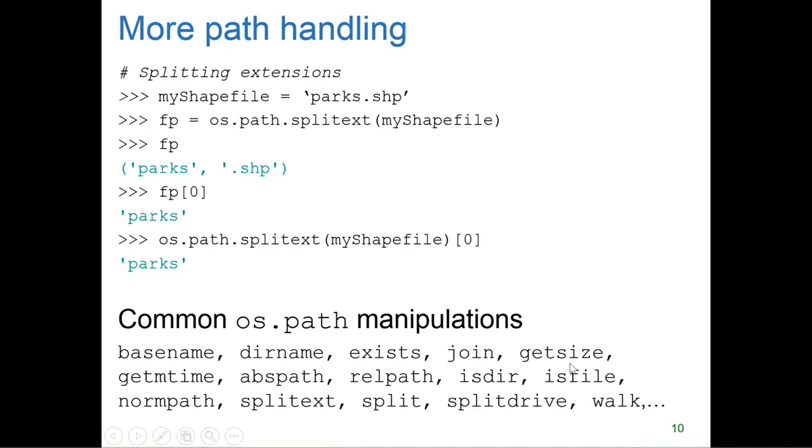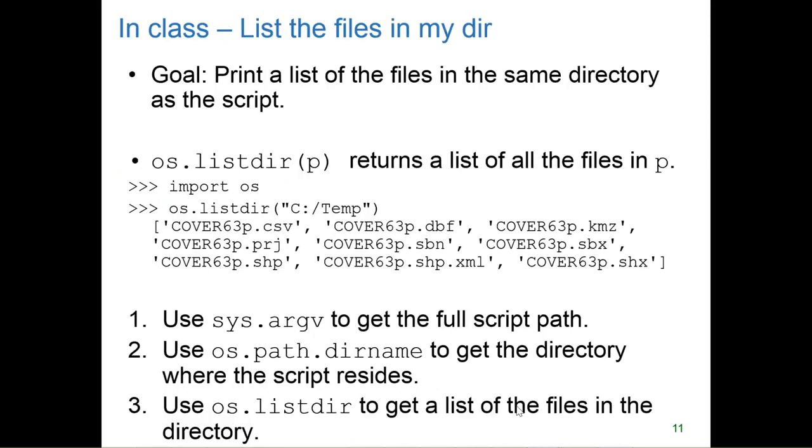That's a really useful one. getmtime, that's get modification time. isdir tells you whether or not the path that you're passing in is a directory, or isfile, similarly for a file. Later on we'll discuss the walk method. There's a link to the reference library for those, in the help section.